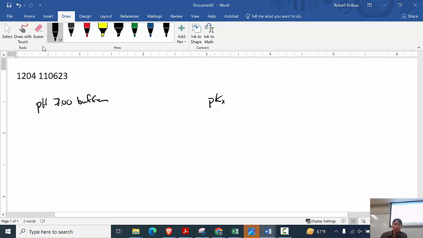So what we do is we look for pKa, ideally around 7, but the pKa -1 would be the minimum to a pKa +1 would be the maximum.